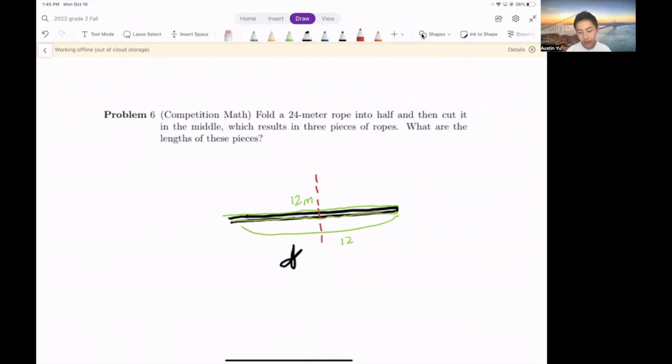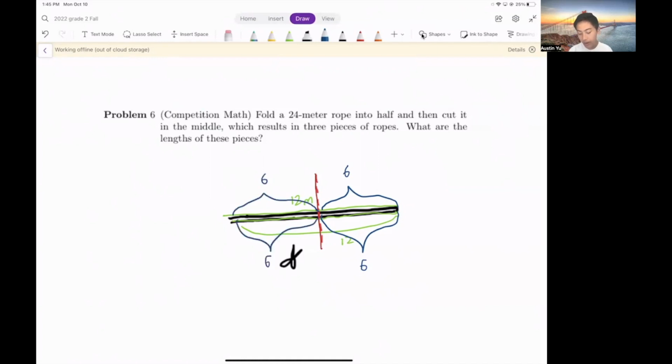And then if the person cuts this in half again, then this half part is 6, this part is 6 too, and then the remaining part is 12. So, for example, these two are both 6, right?